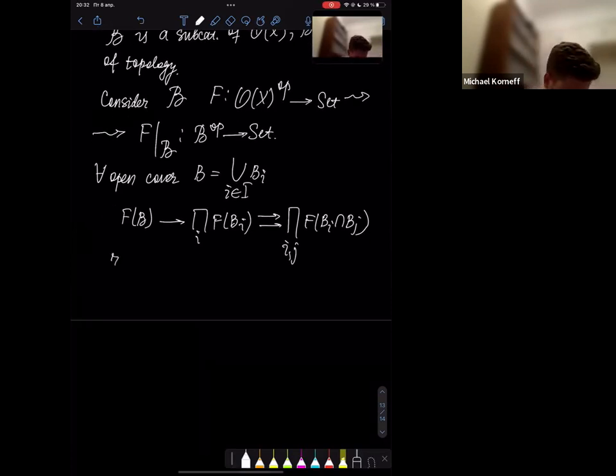Thus, we have a restriction functor from sheaves on X to sheaves on B.